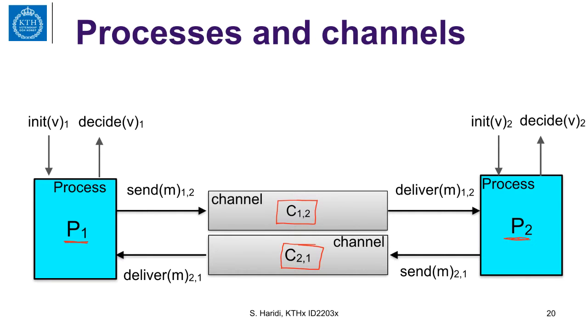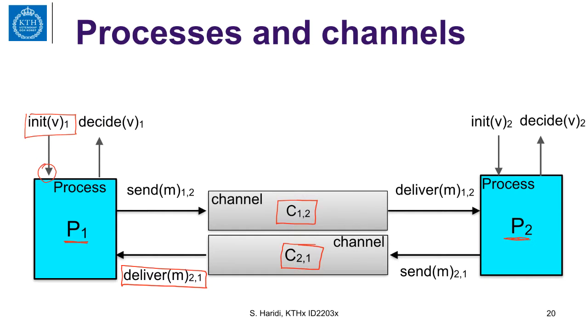So let us look at a process here. Process, for example P1, will have 2 input actions. This is one input action, and this is the second input action. The first input action is an input from the environment.